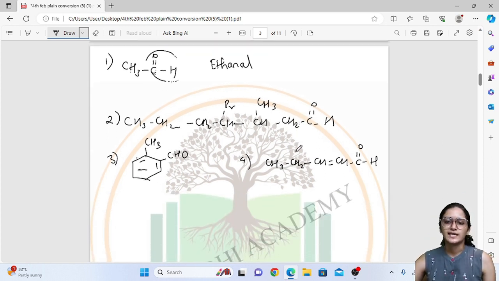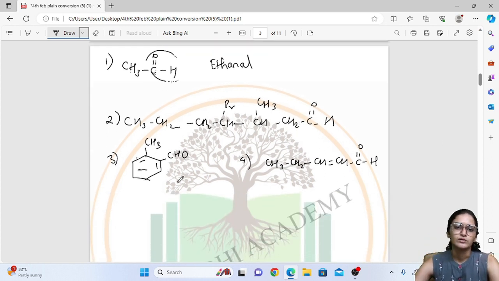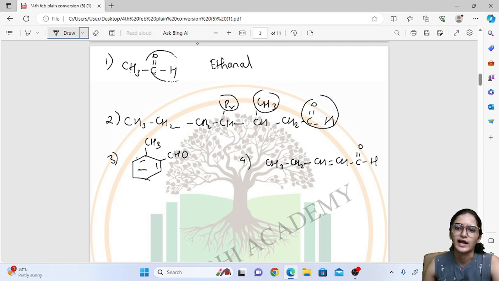If you go to the second one, now let us start the process here. We have a long carbon chain, and to that chain we have a functional group attached along with substituents. First we have to identify the functional group. The functional group is the aldehyde group, which is CHO, and our substituents are bromine and methyl group.